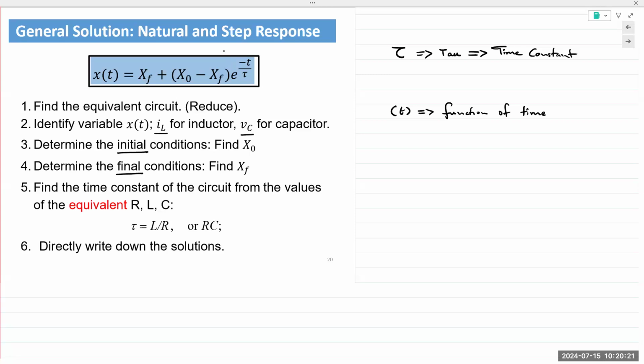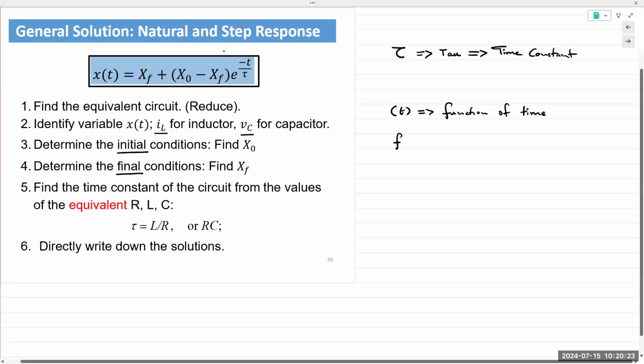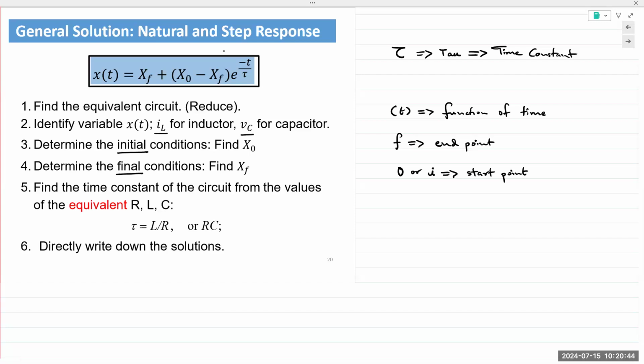It's the starting point. So f is the end point, and 0 is the starting point. Again, remember, we're talking about charging and discharging of circuits, so there is a starting point and there's an end point for both.